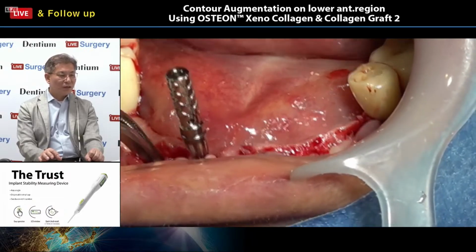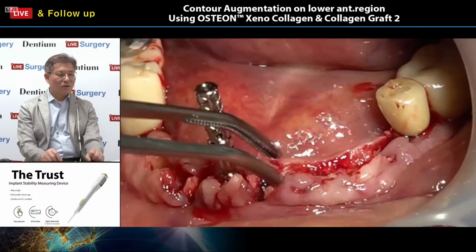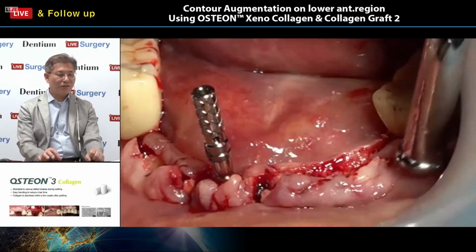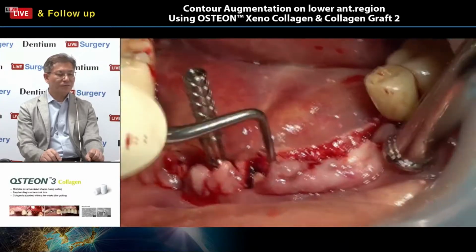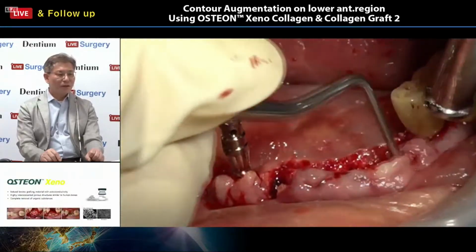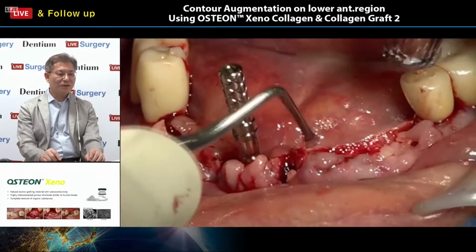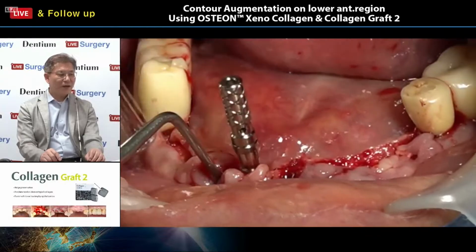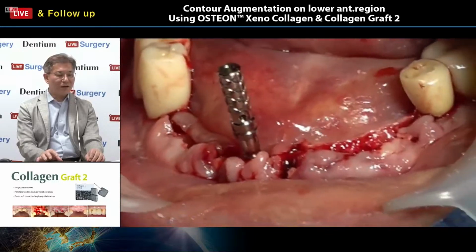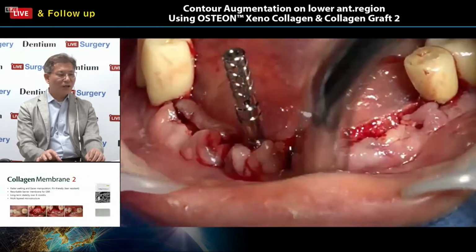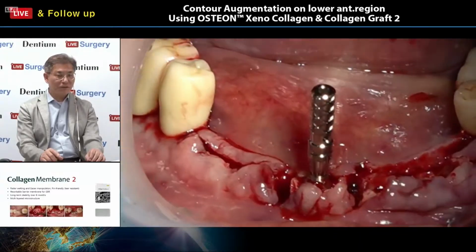So he stopped on diameter 3.5 on 33 area. He's not going to go 4.0 on number 33, right? So I think 3.5 on the canine area, 33, and 4.0 will be installed on number 44.